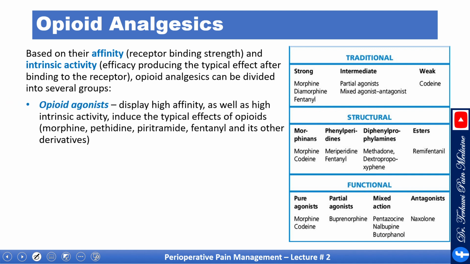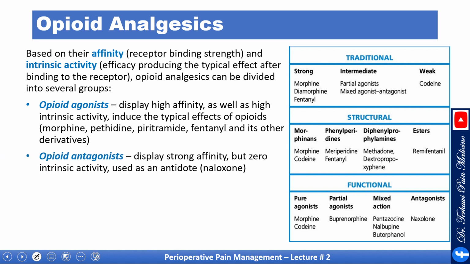Agonists display high affinity as well as high intrinsic activity and induce the typical effect of opioids. Examples: morphine, methadone, fentanyl, and others. Antagonists display strong affinity but zero intrinsic activity and are used as an antidote, for example, naloxone.